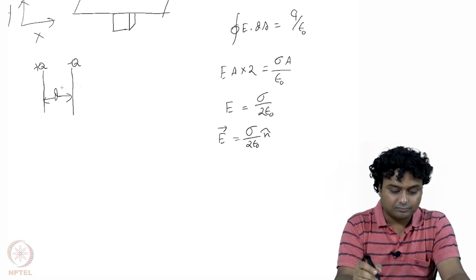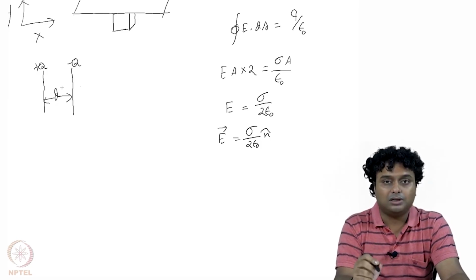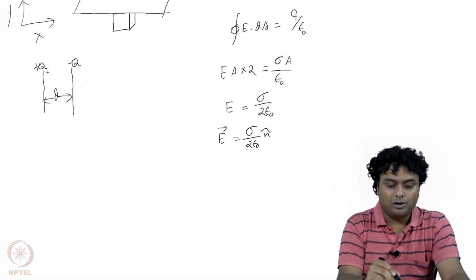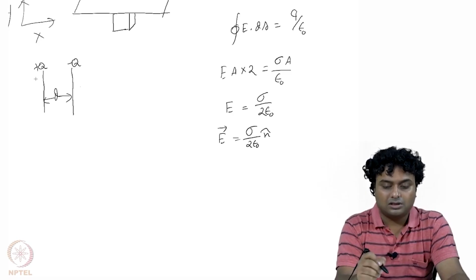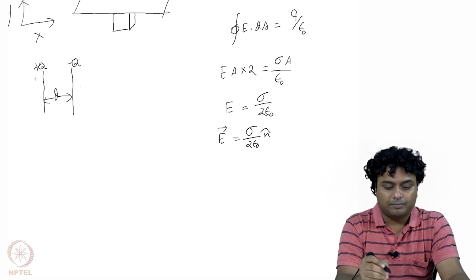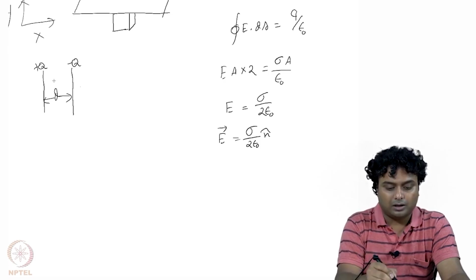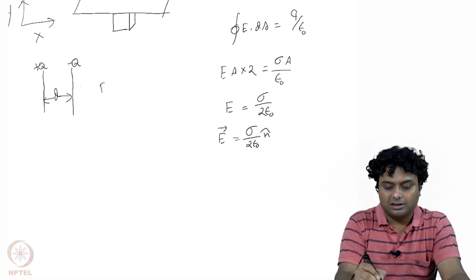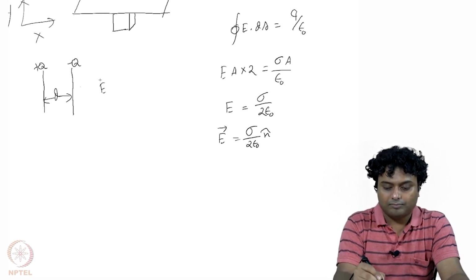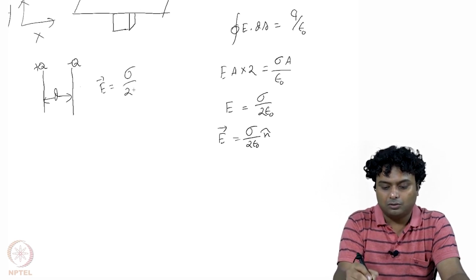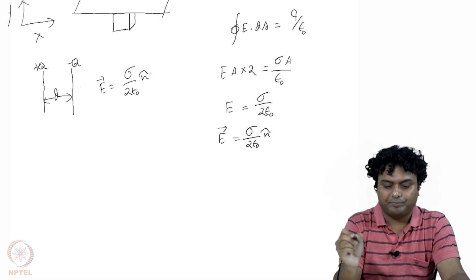Now what I need to do is calculate the capacitance of this arrangement. So as we just now discussed, for an infinitely long large plate, we calculated that the electric field at any point or at any distance is E equals sigma by 2 epsilon naught n cap, right.